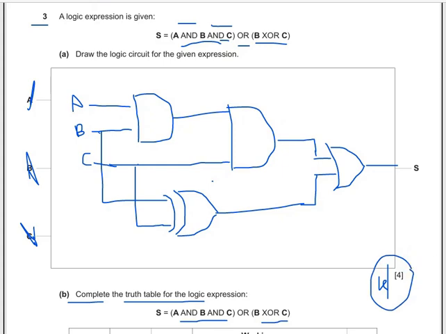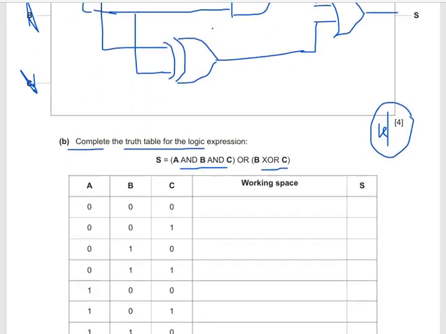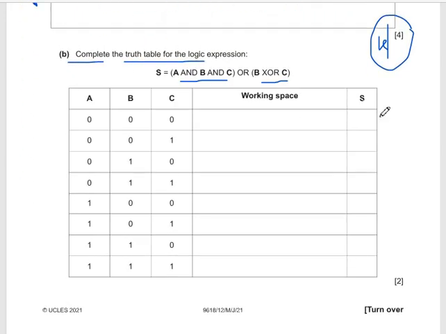Now moving to the next, we have another part as well, which is A AND B AND C, and B XOR C. You have to make a truth table of all these expressions. The first thing is that three inputs are given, A, B and C. As we know, in A AND B AND C the output is true if all the inputs are true.